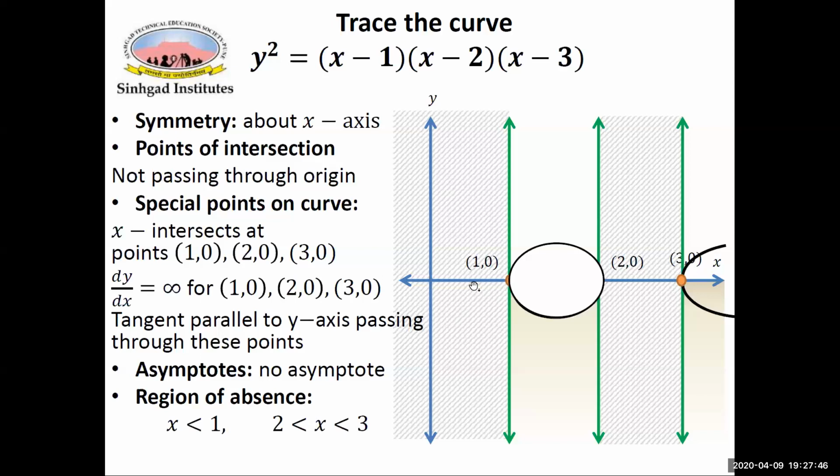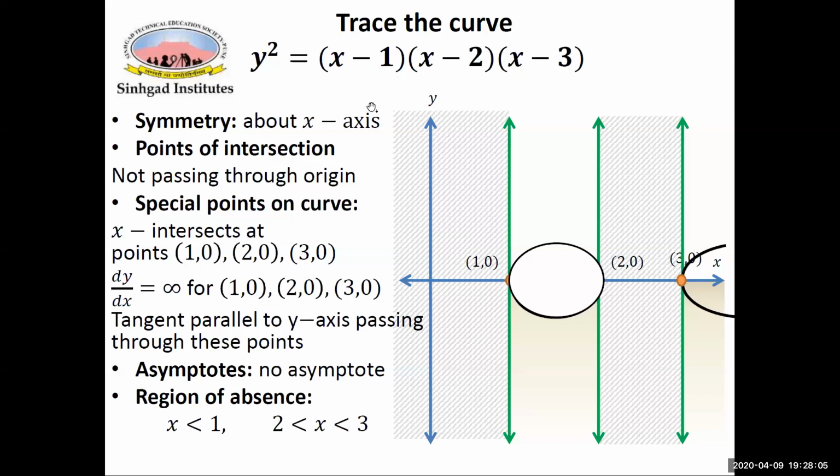Hence, before 1, your curve will not exist. Put x equal to 1 by 2. It will be minus half, minus 3 by 2, and minus 5 by 2. Again, the product will be negative. So the curve does not exist before 1.